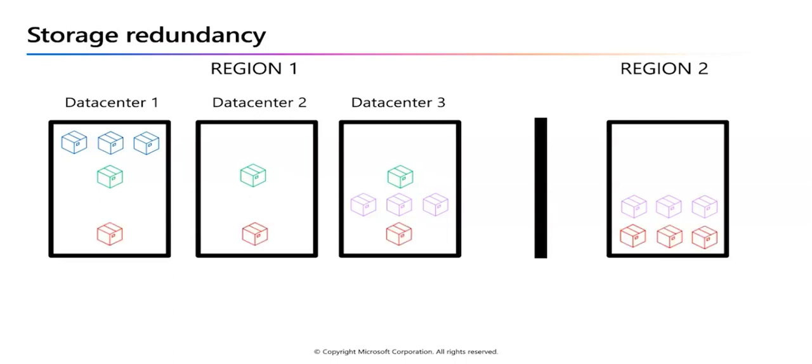Now, this also has 16 nines in durability, but this redundancy has 3 availability zones in the primary region and a single data center in the secondary region. Now, as you increase your redundancy, yes, you are also going to increase your costs. But again, for business critical items, this allows you to increase your overall availability.